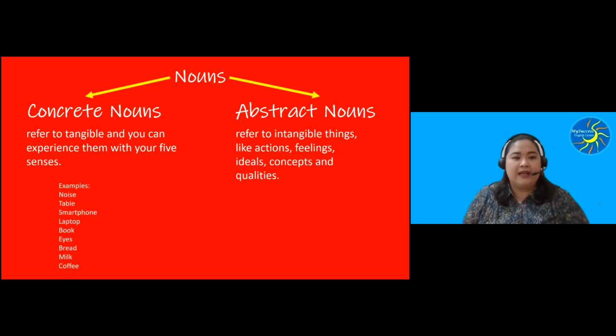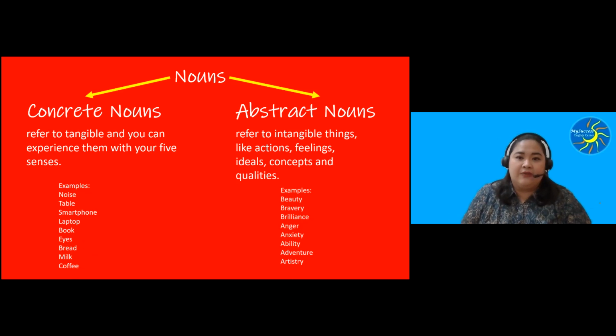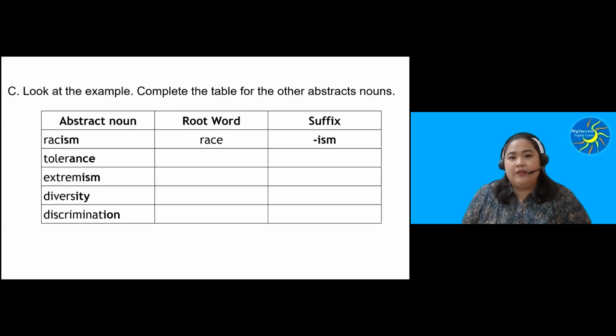Okay, and here are examples for concrete nouns. We got noise, table, smartphone, laptop, right? Book, eye. So anything that you can see, yeah, anything that is real. While abstract nouns, we got beauty, bravery, brilliance, yeah, until artistry. Okay, so here I give you several nouns that actually you can find in the text.